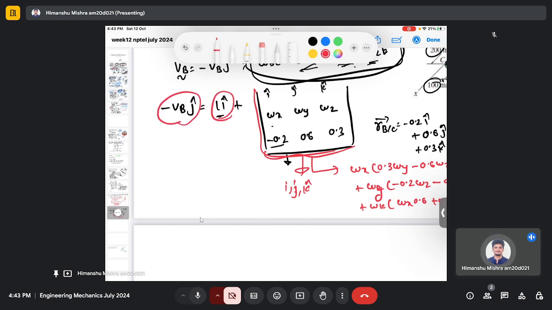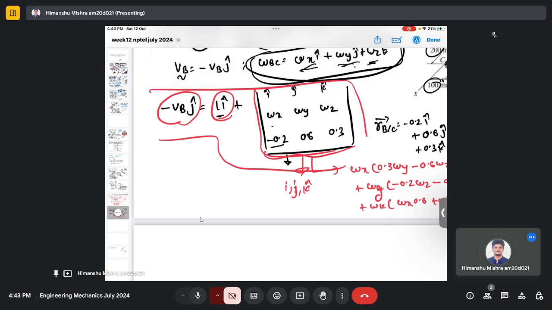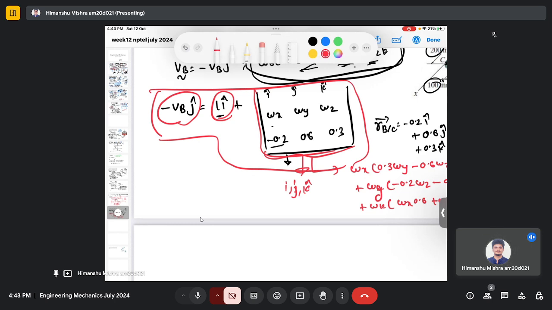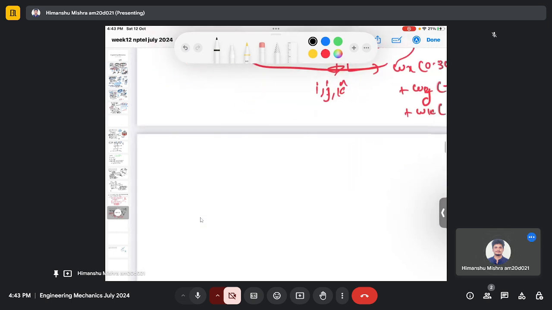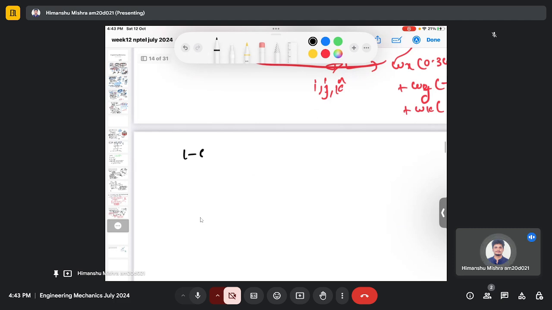So basically this vector equation, which has I, j, k components, you can actually split into three parts. One completely in the I direction, one completely in the j direction and one completely in the k direction. So this will be 1 minus 0.3 omega y minus 0.6 omega z equal to 0.